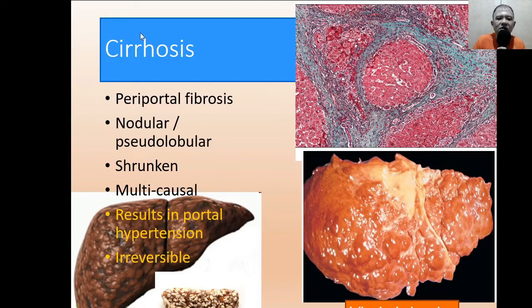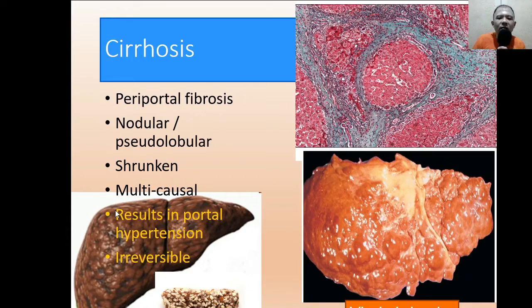Next is cirrhosis. So in cirrhosis, you have fibrosis. The fibrosis divides the liver into lobules or pseudolobules. Again, it's multicausal, and the gross manifestation is you have a shrunken liver.